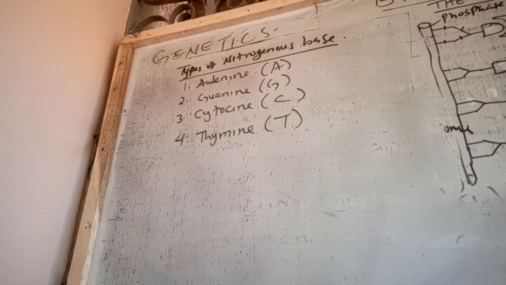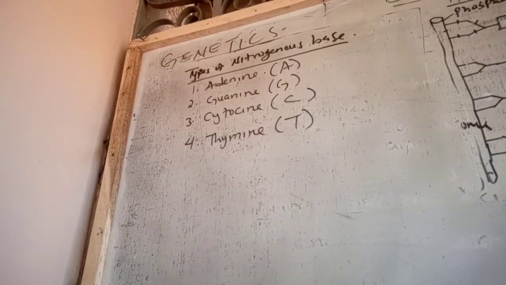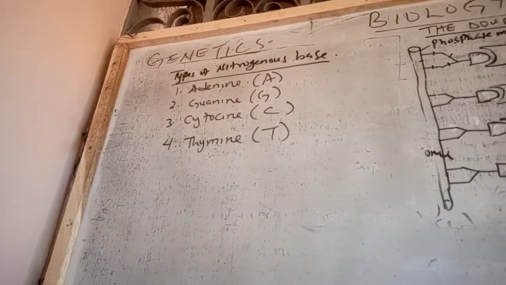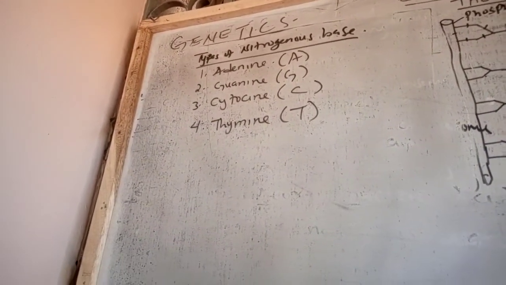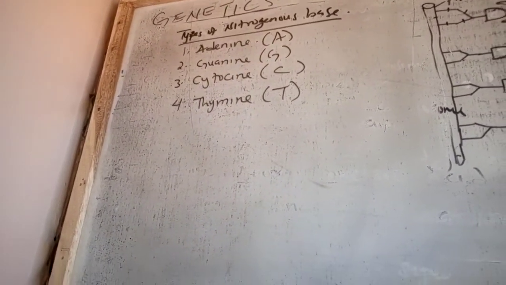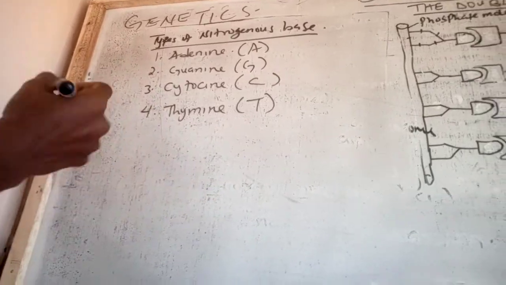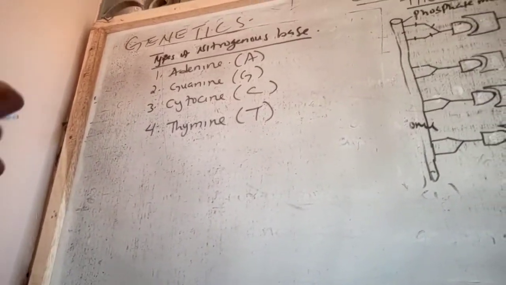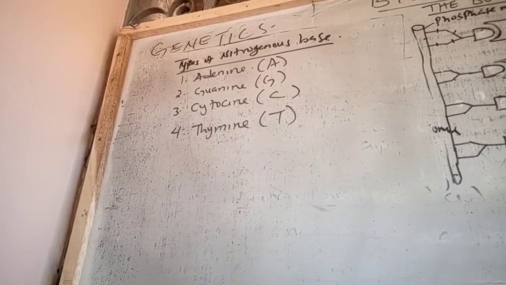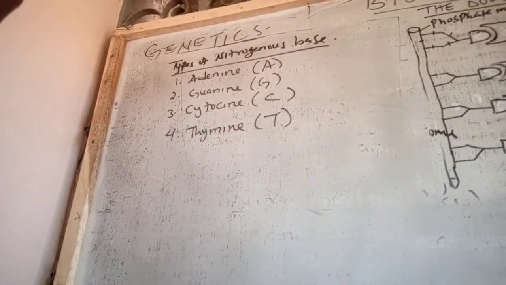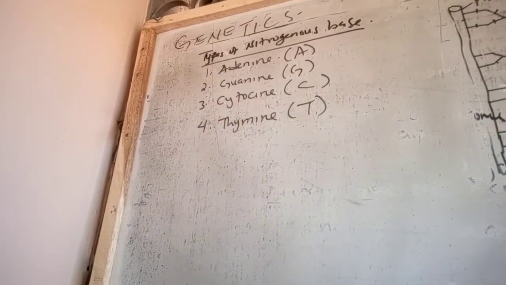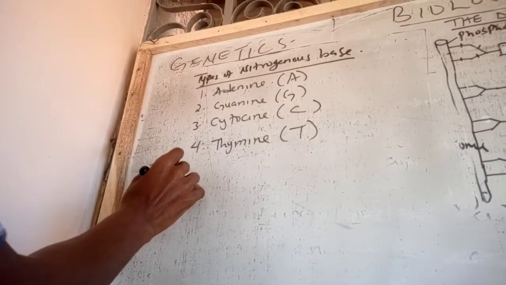Moreover, it is worth noting that the 3 components are linked together to form a structure called a nucleotide. The 5 carbon sugar, the phosphate molecule, and the nitrogenous base normally join to form a nucleotide.